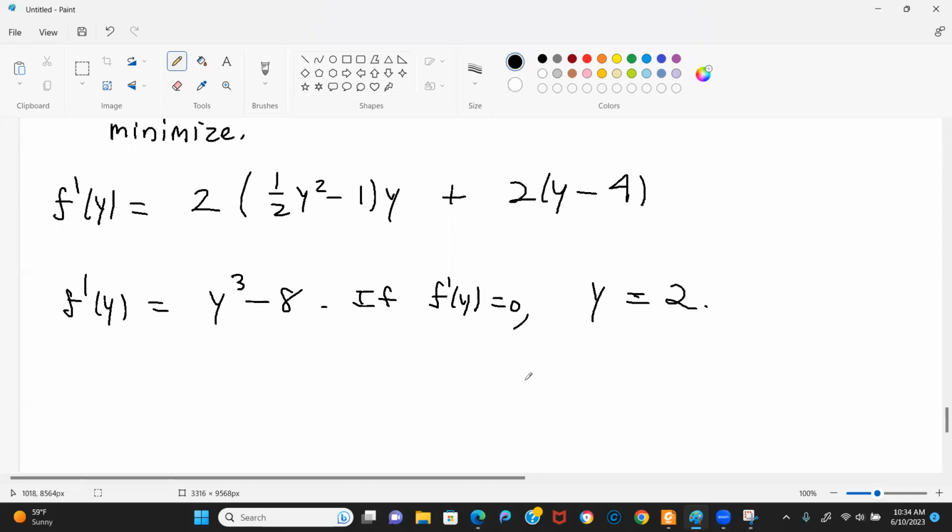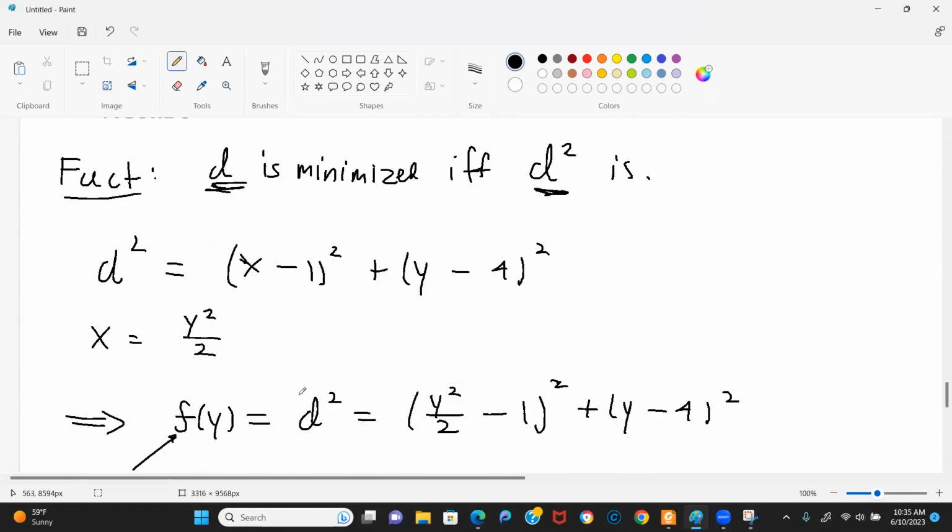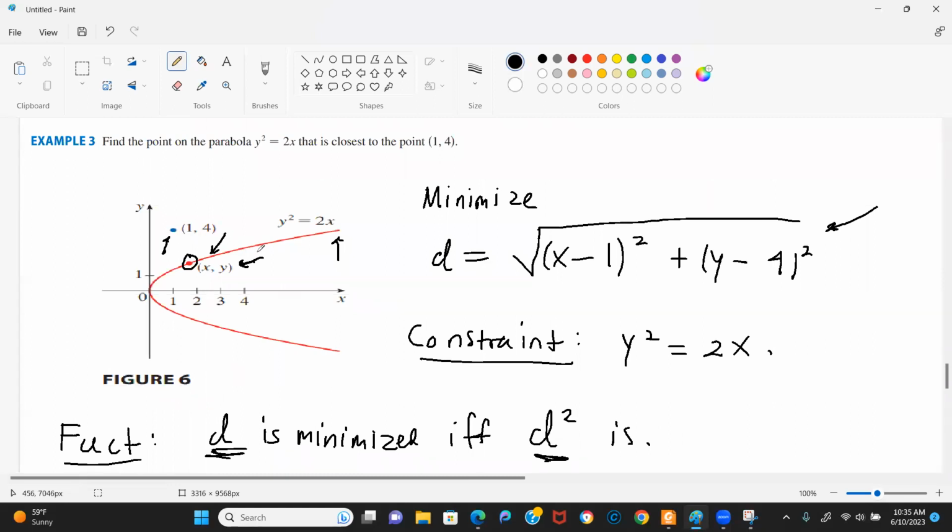So now we're in the same kind of problem as we were in example 2. The domain of y is not constrained to an interval. If you look at the picture, this curve goes off to infinity here and negative infinity down here.